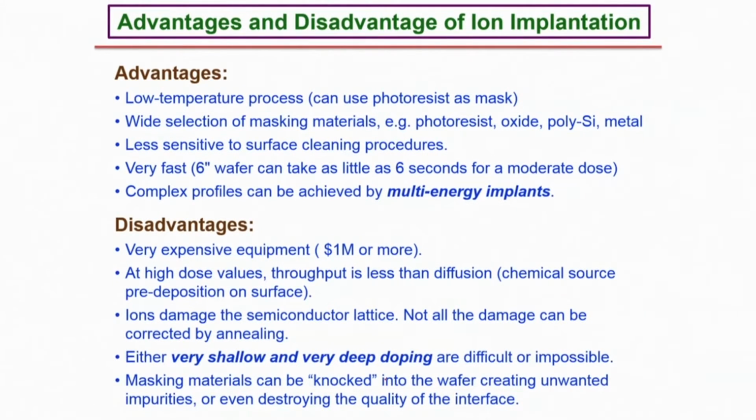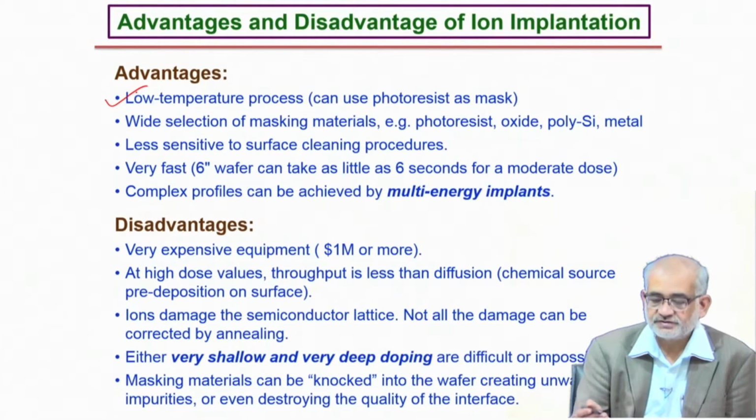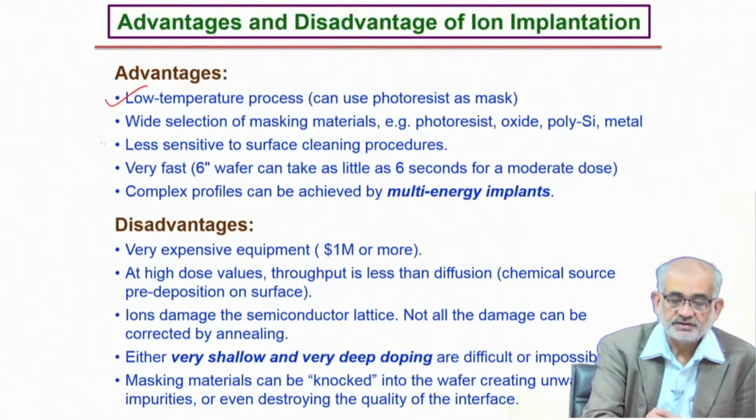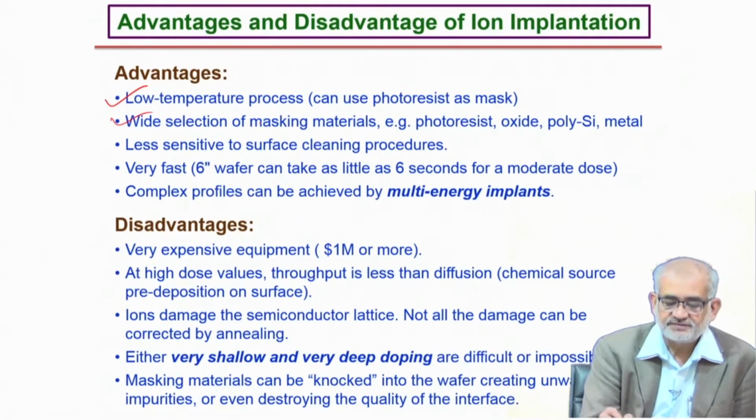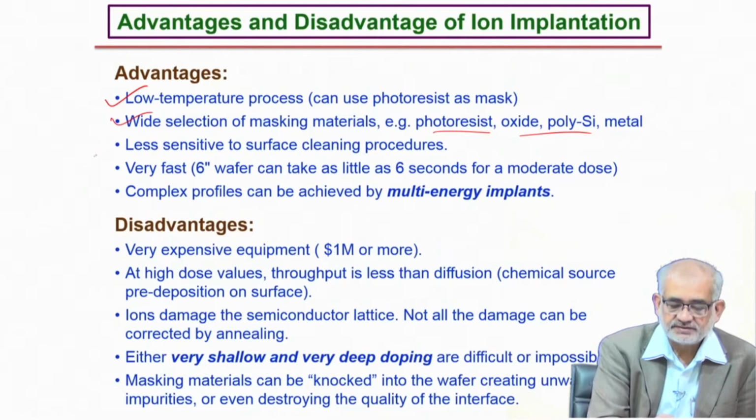So let's list out the main advantages. It's a low temperature, room temperature process. So obviously you can use any kind of simple photoresist mask for avoiding diffusion onto the surface at the region where you don't want. You have a wide selection of masking materials, all these. It's less sensitive to surface cleaning procedures.